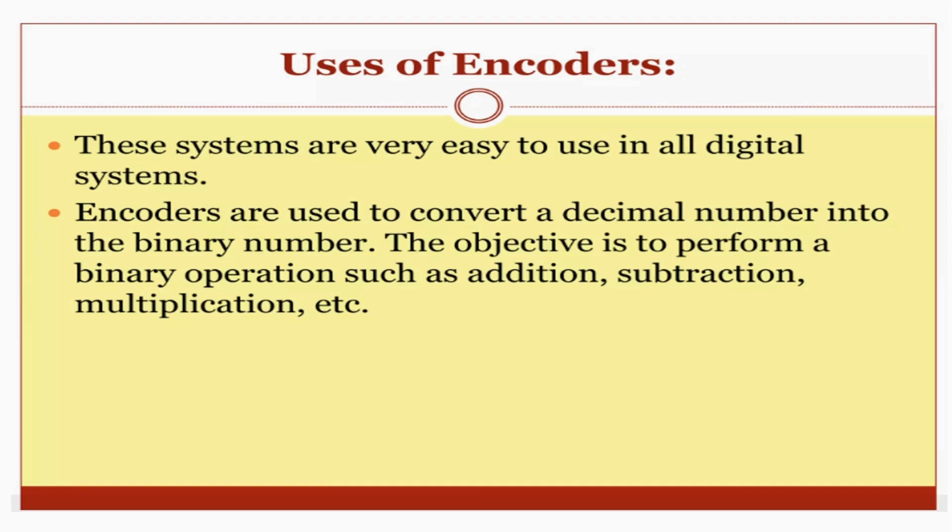Like we are adding two numbers like 2 and 3, but computers will not understand a decimal number. So what will it do? It will convert the decimal number into binary so that it can understand, and the 3 it will also convert into binary so that the computer understands. So encoders do this so that computers can understand our human language.